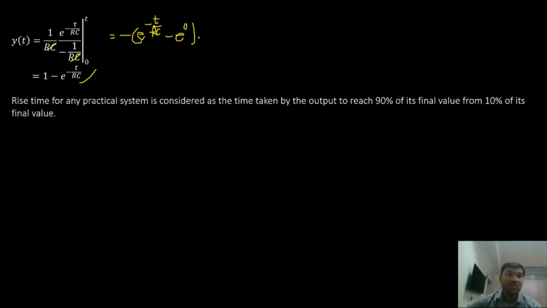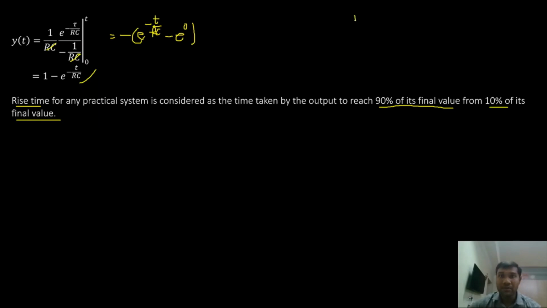Now, rise time we have defined as the time taken by a signal to reach its final value from initial value. That is in case of ideal systems, only for ideal systems. Now, in case of practical systems, we define rise time as the time taken by the output or the signal to reach 90% of its final value from 10% of its final value.